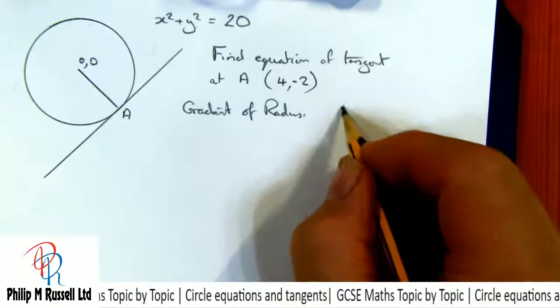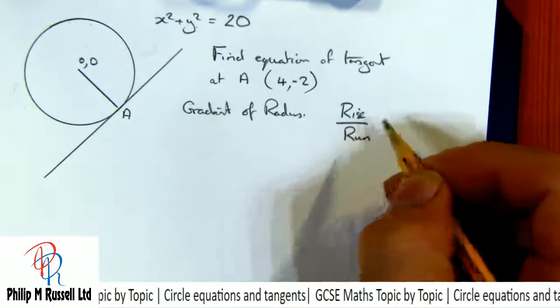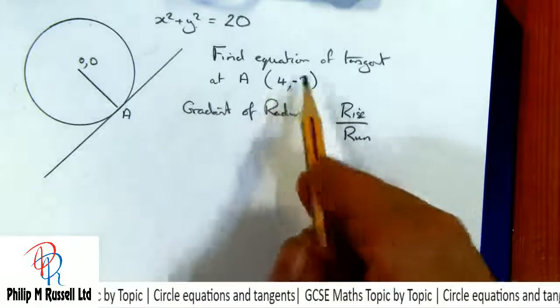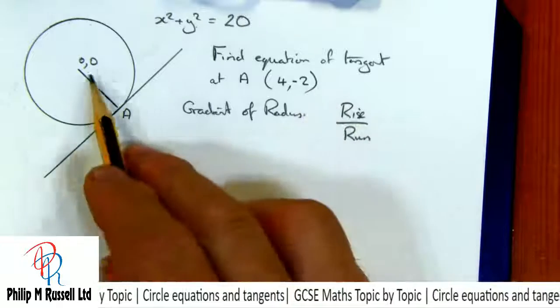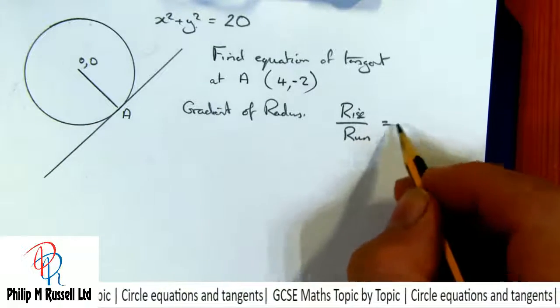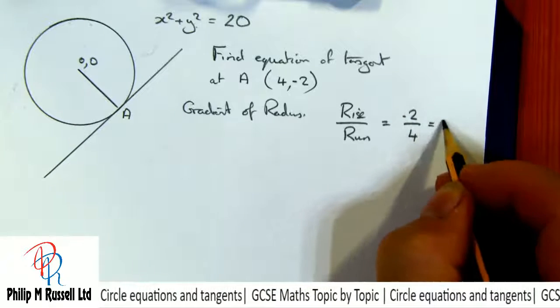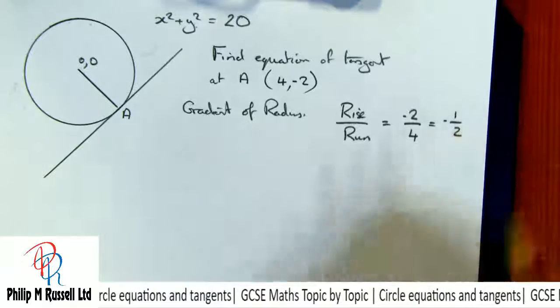We're simply going to work out the rise over the run, and we've got these numbers basically take away 0, so it's going to be the rise, which is going to be minus 2 over 4, which is going to give me minus a half.